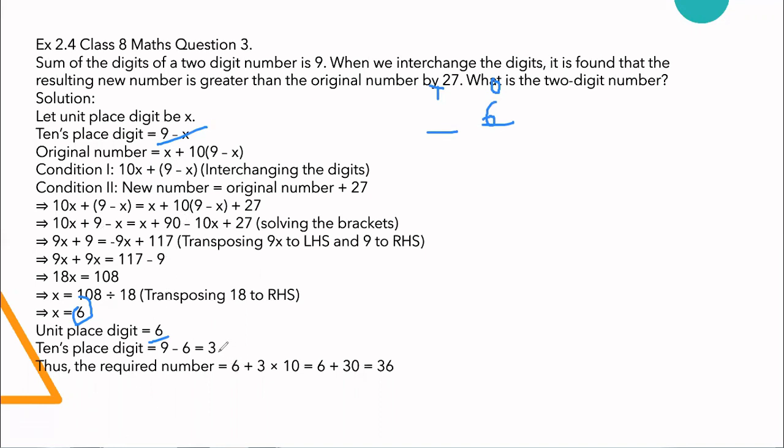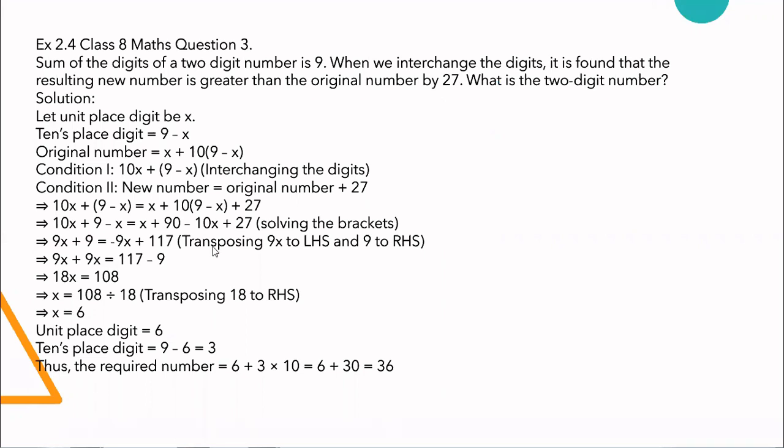So 9 minus 6 is 3. Therefore, my tens place is 3. Okay, guys. So that's our original or required number.